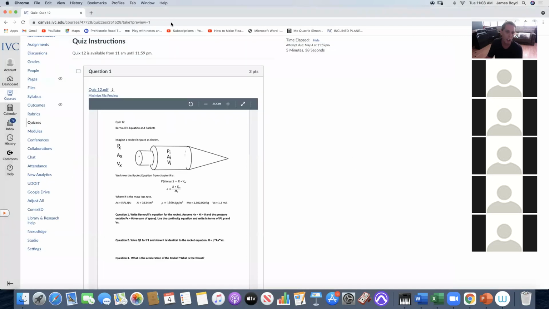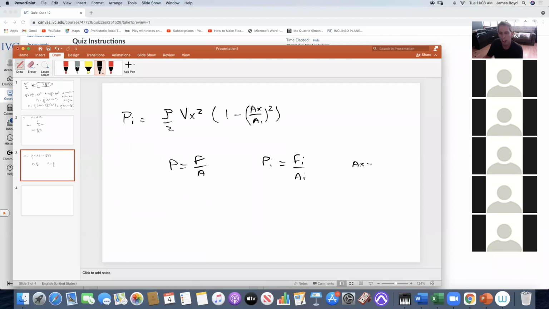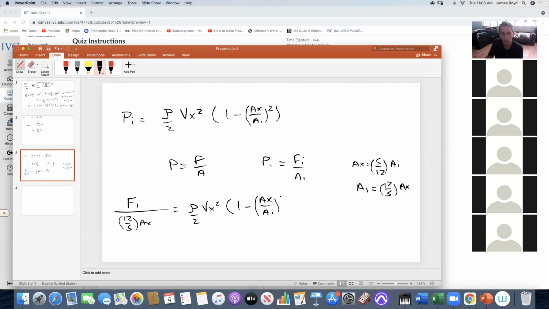And if you go back and look, you're given that A_X is 5/12 A_I. So A_X is smaller than the internal area. We can get A_I is 12/5 A_X. And that means that if we substitute this in, we get F_I over 12/5 A_X is equal to rho over 2 V_x squared times 1 minus A_X over A_I squared.